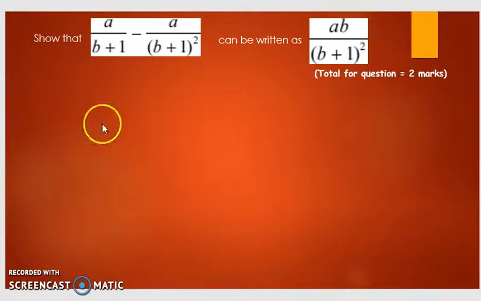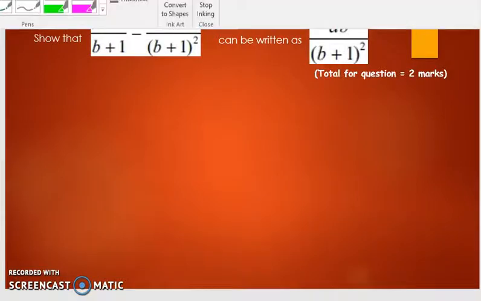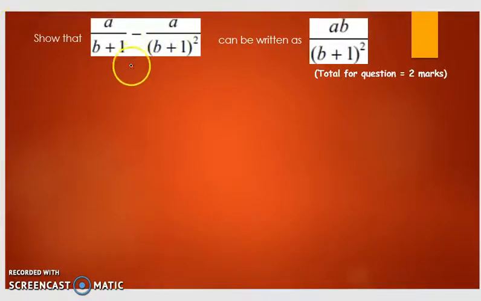Okay? All right. Next question here. This time we want to look at how to subtract algebraic fractions, but we've been given a clue as to how we want our final simplified fraction to look.